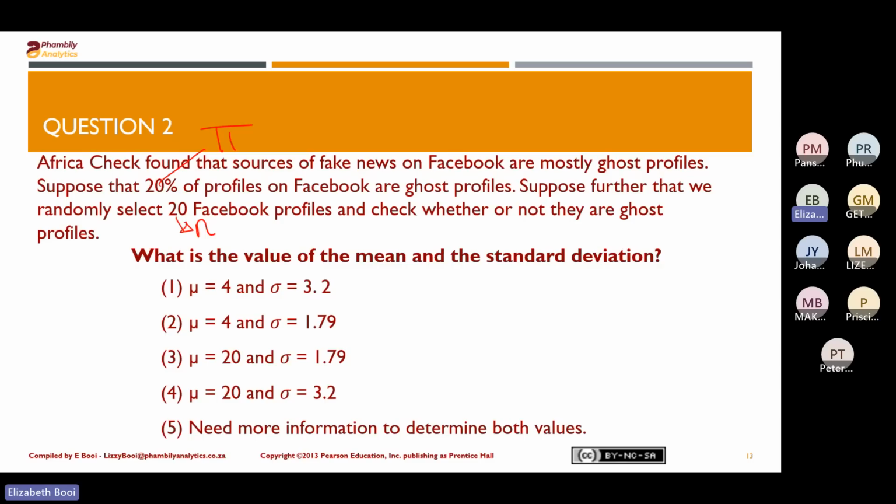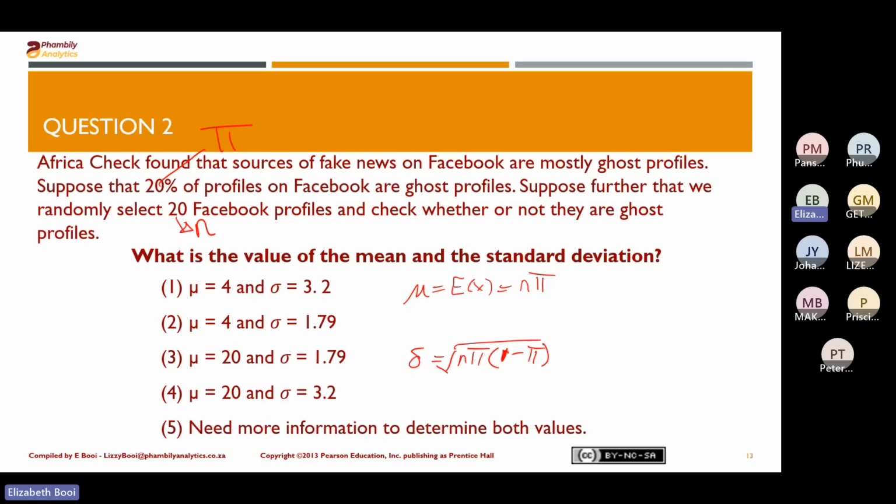So what is the value of the mean and the standard deviation? You need to calculate the mean, or what we call the expected value, which is n times pi. And you also need to calculate the standard deviation, sigma, which is the square root of n times pi times 1 minus pi.